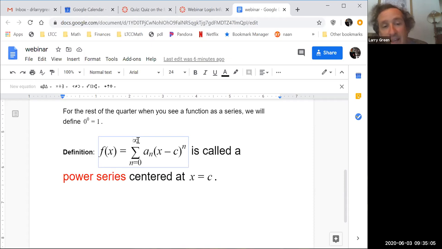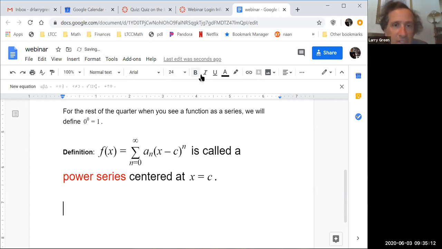Okay, it's easy to come up with examples. The geometric series is an example. Maybe I'll just write some more down. Not that there's much to say about it, but just for fun.